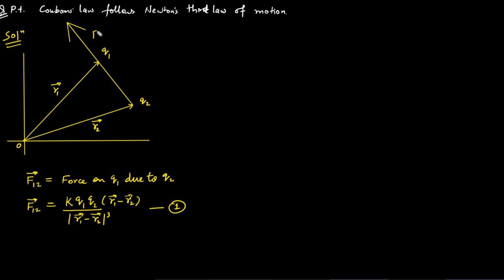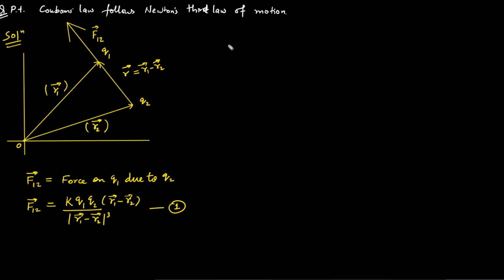Yes, sir. This is F of 1, 2. Now this is the R1 vector and this is the R2 vector, right? So I will take the direction of force, which is my R vector. Now can I say this R vector will be R1 minus R2? Got it now? Okay.